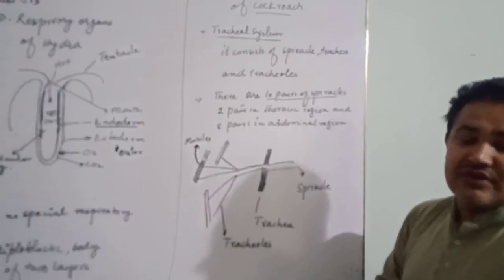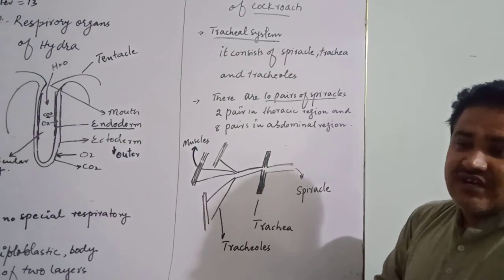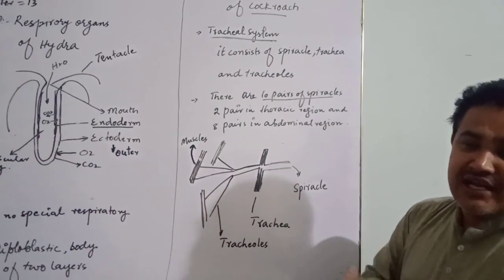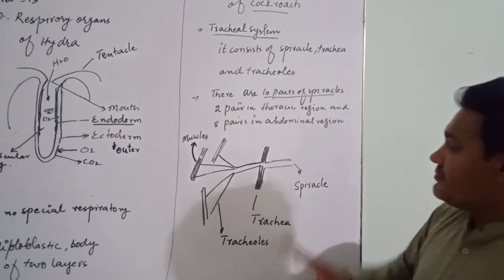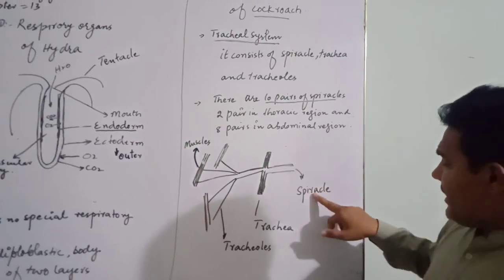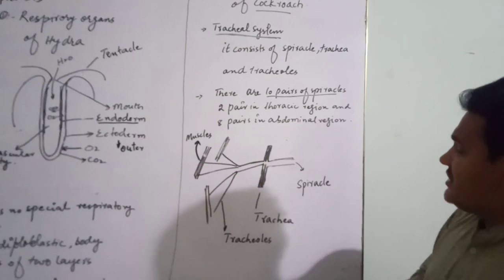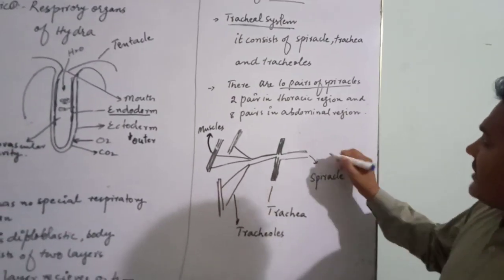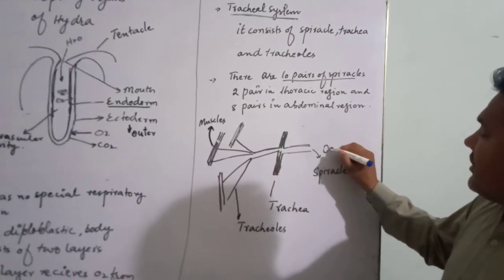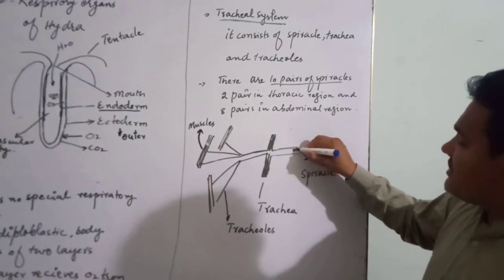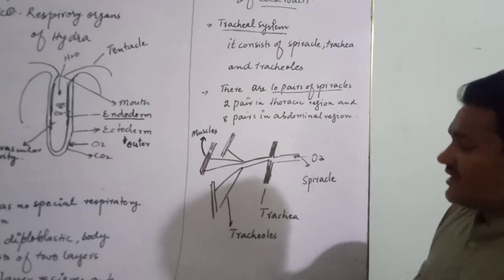The body of insects is divided into 3 regions: head, thorax and abdomen. Now, spiracle is an opening from which oxygen from the outer environment enters into the tracheal system.